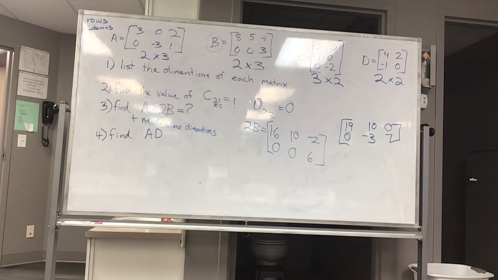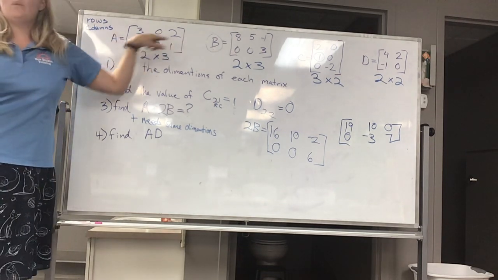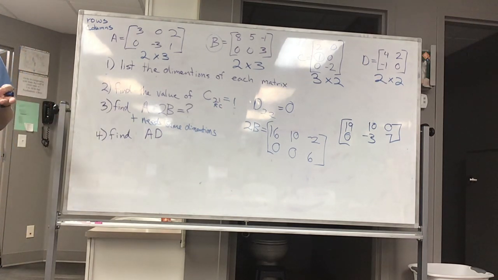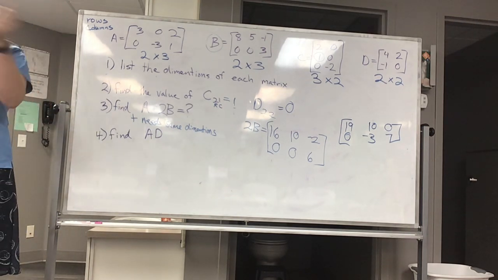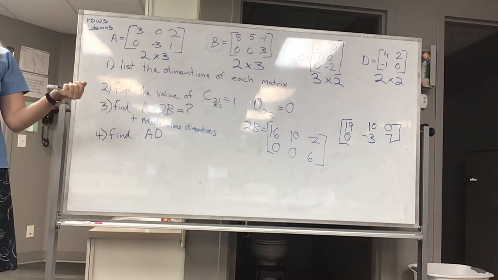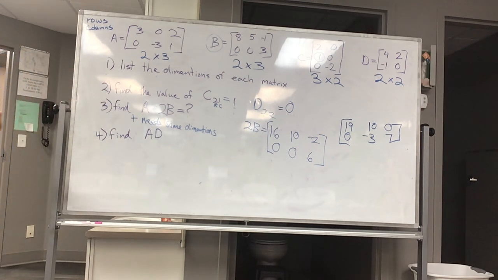Again, really quick, we know that a and b are the only ones that are the same size. And so those are the only operation possible. You don't have to try and sit down and start writing it out and adding it. You can just jump to, those are the only ones with the same dimension. Those are the only ones I can add together. Okay?